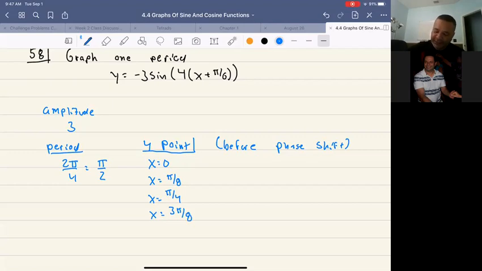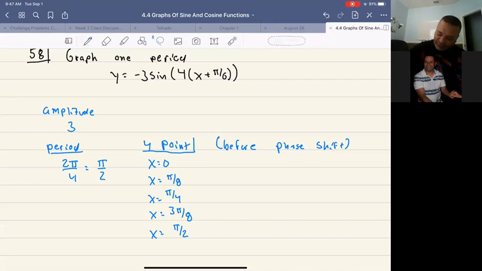That is 3 times pi over 8. And the next one is x equals 4 times pi over 8, which is 4 pi over 8, which is, surprise, surprise, pi over 2. Okay, so this is before the phase shift.